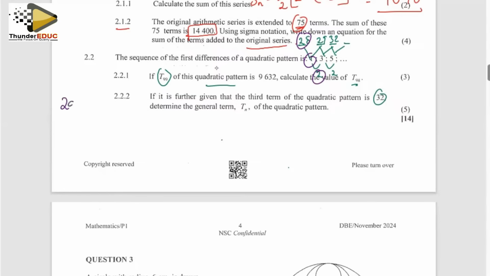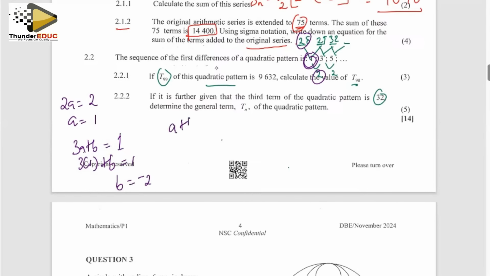We start by saying 2a is going to give us a 2 for the second difference, which means a is 1. Then 3a plus b should be equated to that first term of the first differences. But if our a is a 1, 1 plus b, which means b is going to be negative 2.